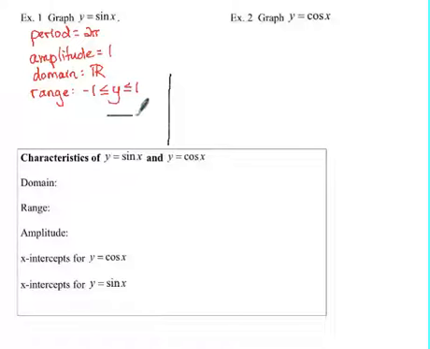So let's draw a grid here. And when I'm graphing my trig functions, I count 4 tick marks to the right and I plot the period length.